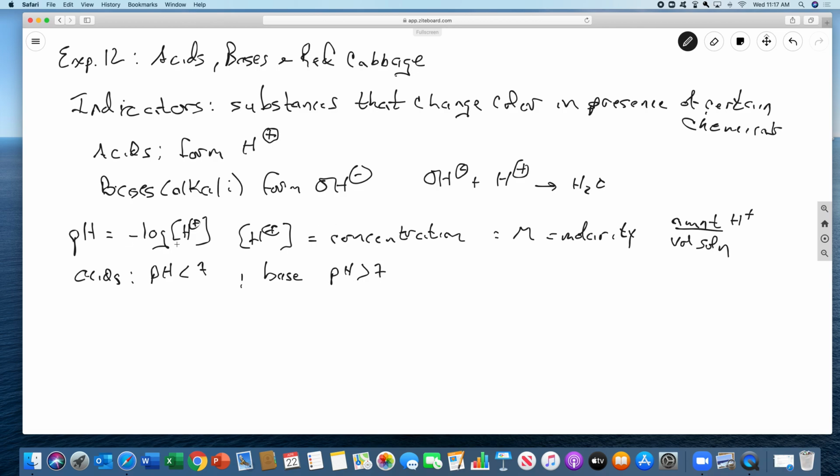Also, it's a log scale. That means every number is actually a 10-fold change. To do the math, let's say I had you just use the log buttons on your calculator.